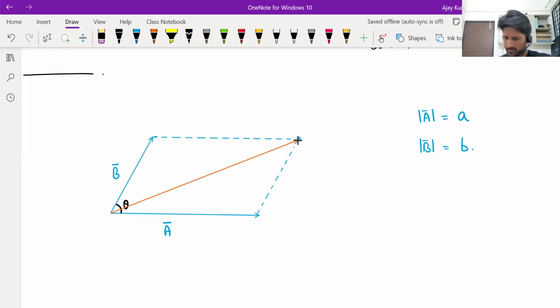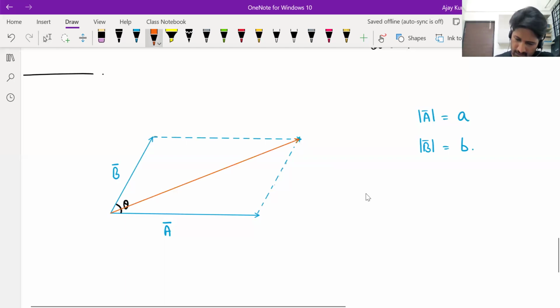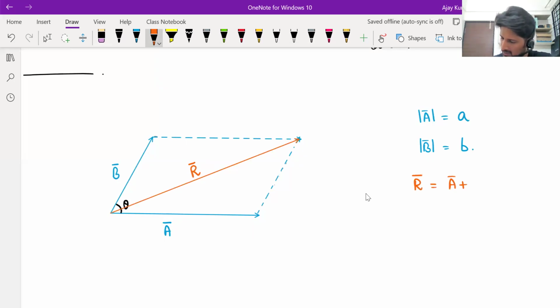Of course, the diagonal has to be drawn to the opposite corner only. That becomes the resultant vector. Let's call it R for now. So R vector is A vector plus B vector. It indicates the direction of their combined effect, and its length indicates the magnitude of their combined effect. And its length is what we are trying to find out now.